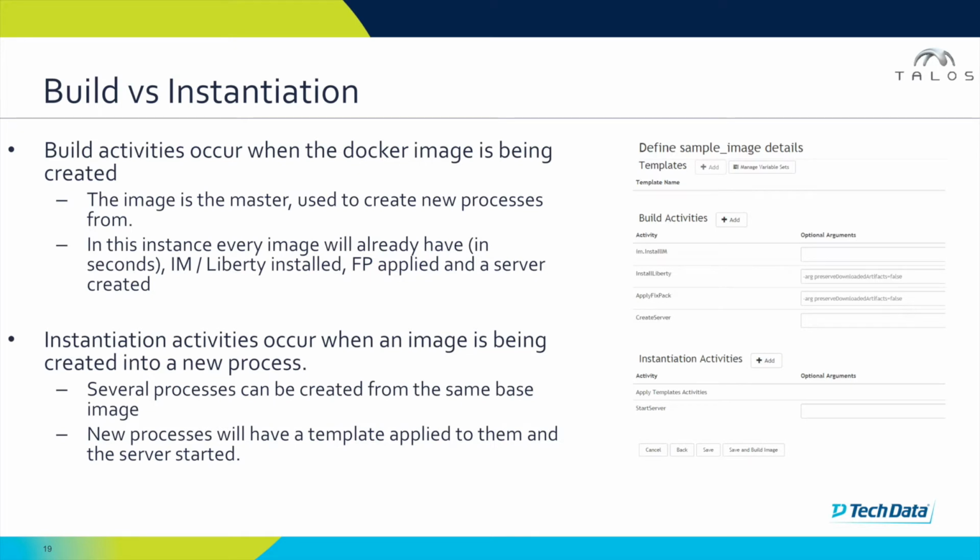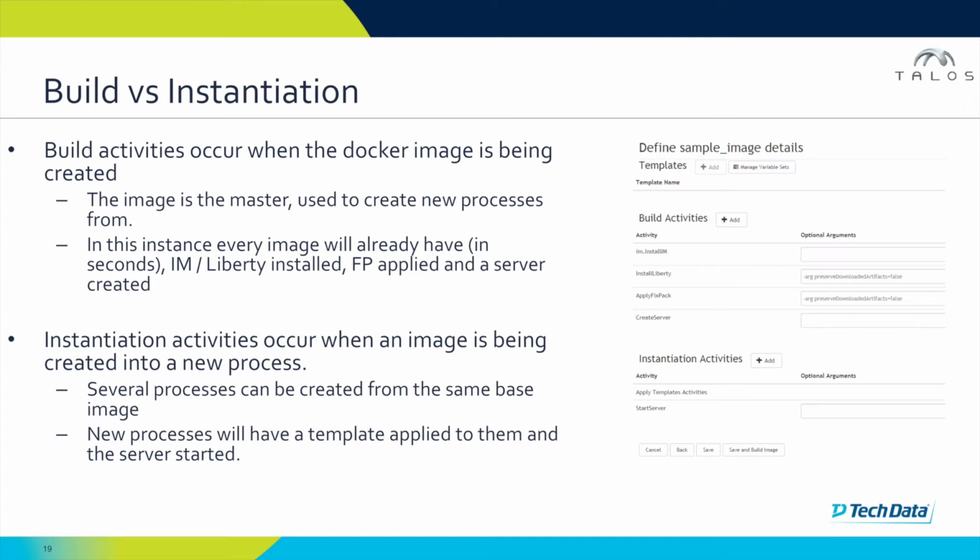So let's look at image build versus process instantiation. So build activities occur when the Docker image is being created. So this is the master. You use this to create the template from which all new processes are created. So Talos splits this out into two separate sections when you're building a container here.